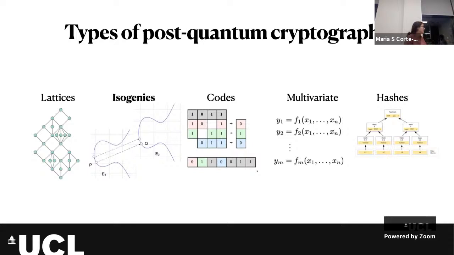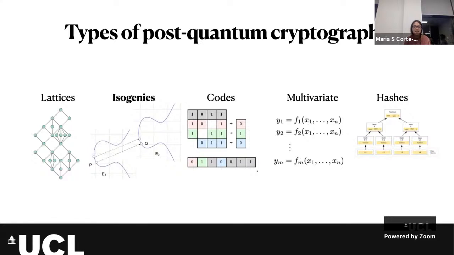I guess I should say these are the types of cryptography that have been submitted to this NIST standardization. But yeah, if your primitive is perfectly secure, then it will also be secure against any adversary, right? Not just quantum.